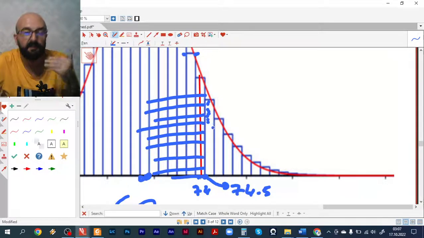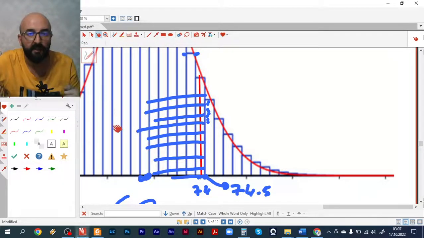But in the normal distribution, you should use the boundaries of rectangles. So if you want the values to include 74, you should use 74.5, because less than 74.5 includes 74.